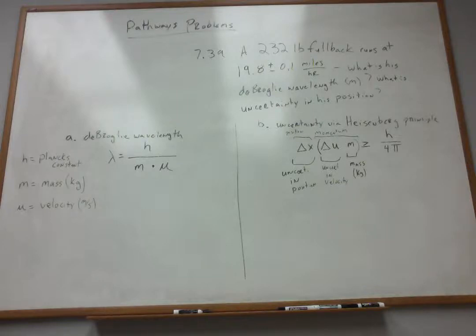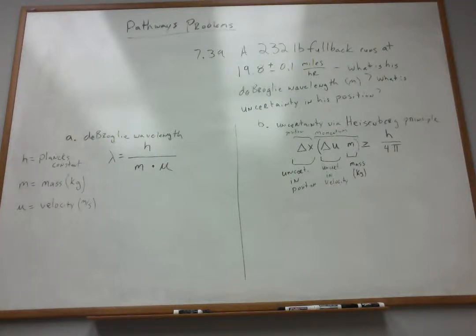The first concept in part A is something called the de Broglie wavelength. The idea here, in a nutshell, is that all matter, all material that has a mass, exhibits some wave-like properties, and the de Broglie wavelength allows us to compute what the wavelength of matter essentially is.